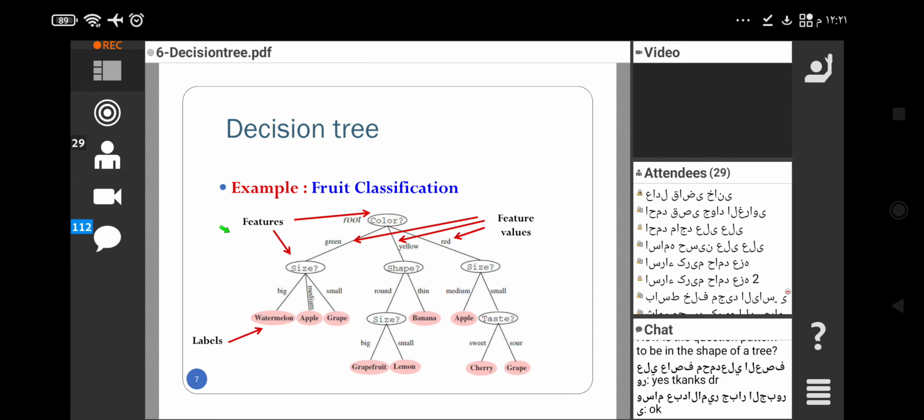The branches of each node are the feature values. For example, the color is green, yellow, or red. These are the feature values. So in the branches of the tree, we have the feature values. And then in the leaves of the tree, we have the classes of data.